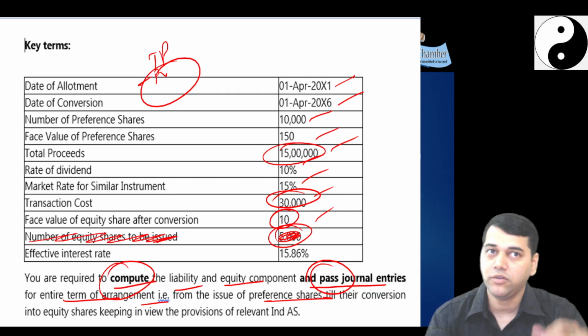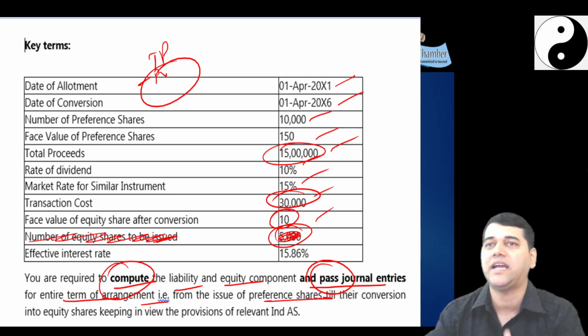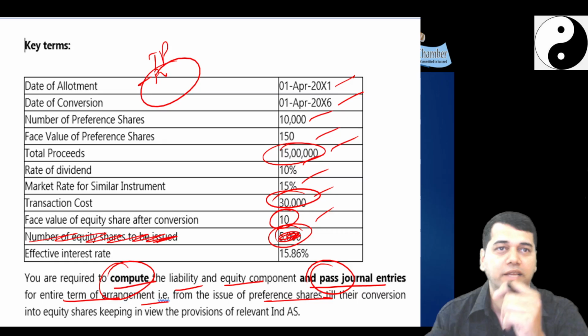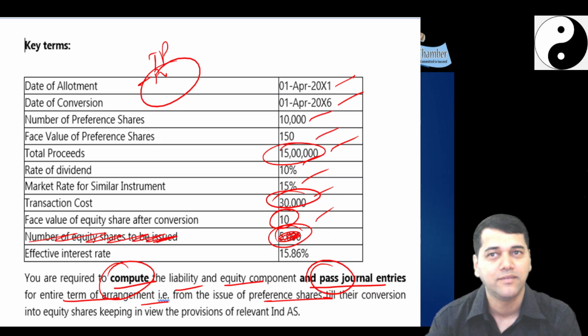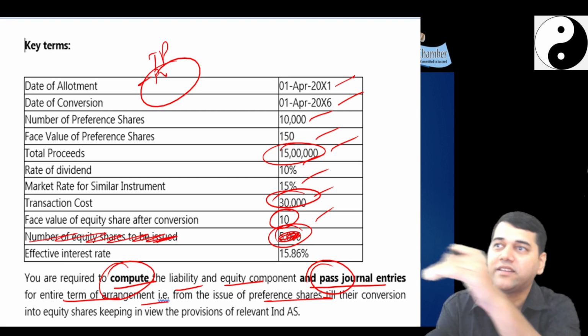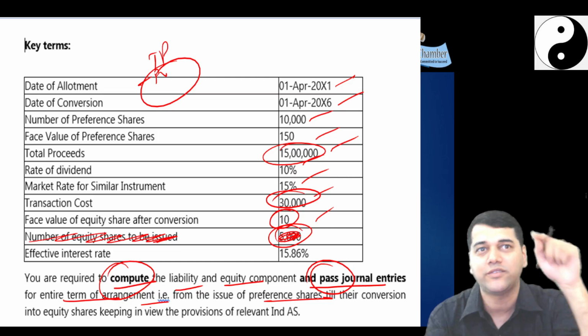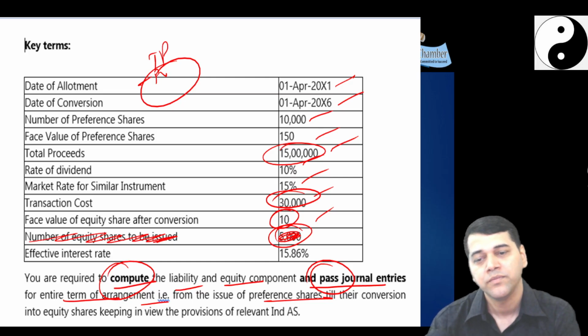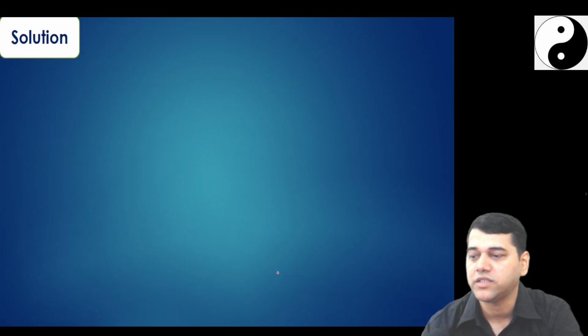I am showing you how many examination questions we have discussed. By looking at it, you understand, oh, I have seen this question. Followed, no? So what do we need to do first?